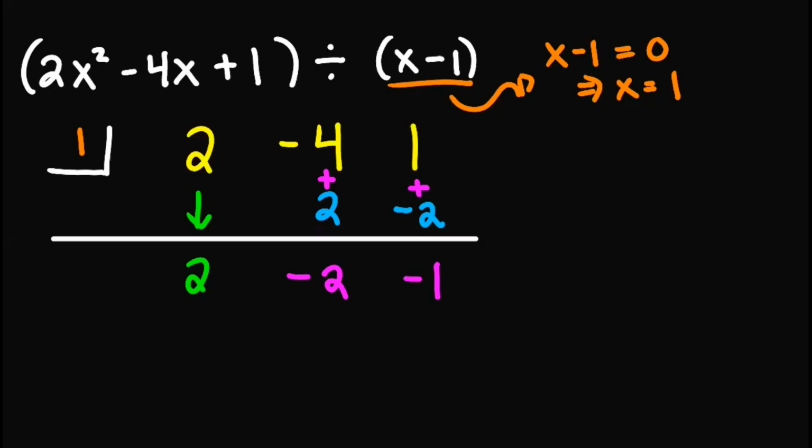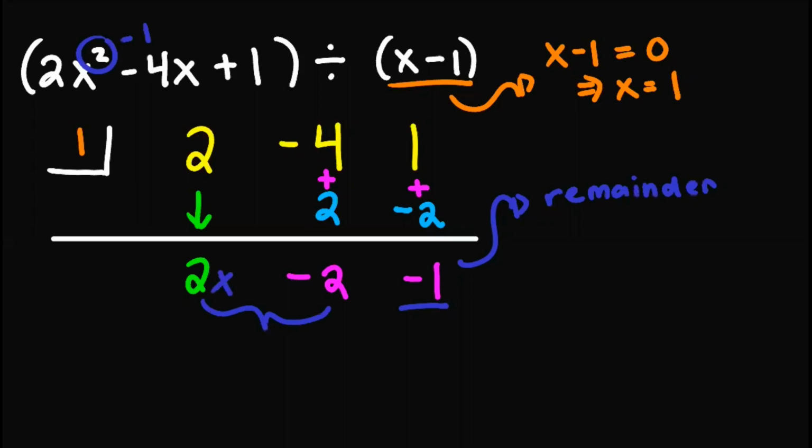So again, this last number out here is the remainder. And the first 2 numbers out here are the coefficients of our quotient. Since the degree of our dividend is 2, what we do is we subtract 1 to obtain the degree out here will be x raised to 1, and this will be x raised to 0.